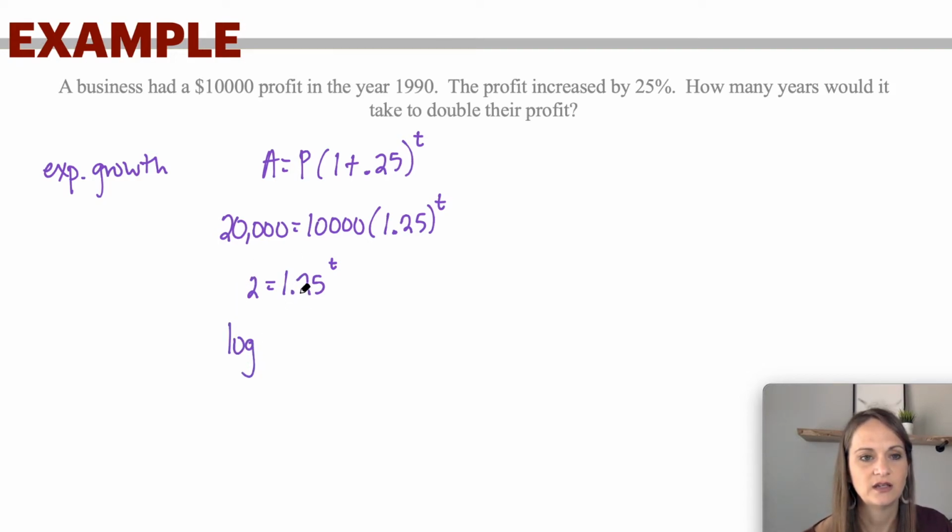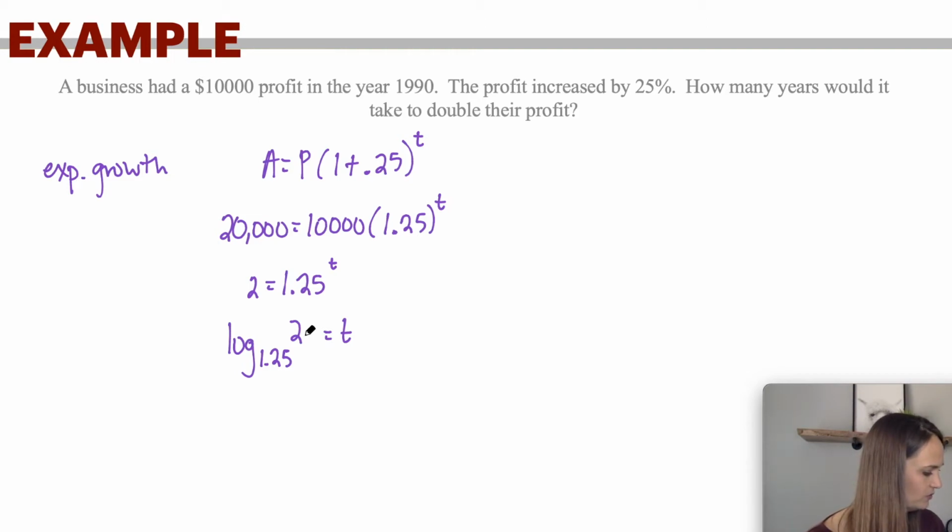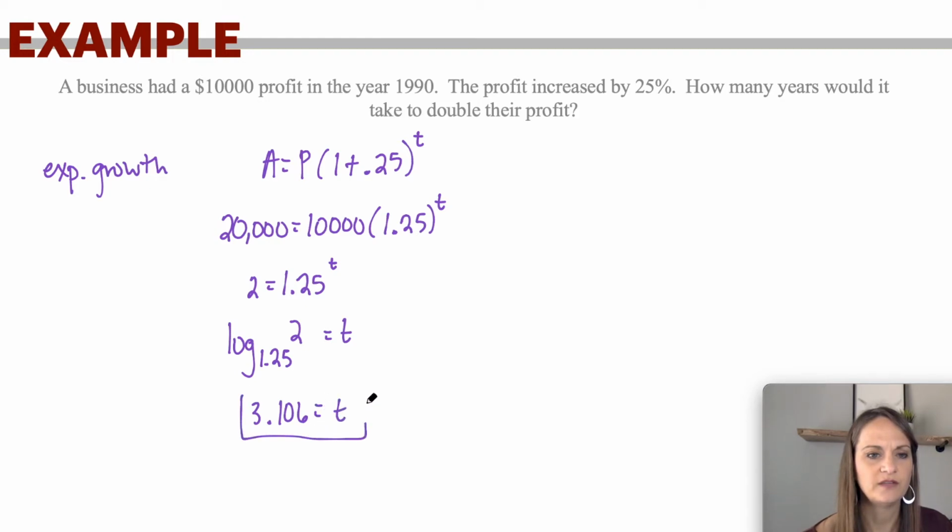So log base 1.25 is going to be equal to the exponent and then 2. So log 2 divided by log 1.25 is going to give me 3.106. So roughly a little more than 3 years, it will reach a profit of $20,000.